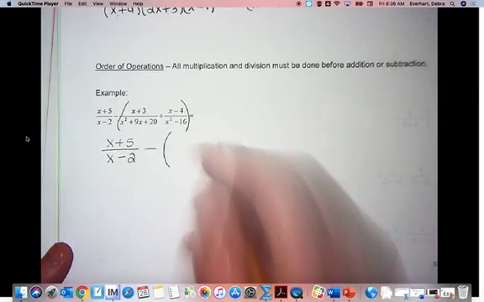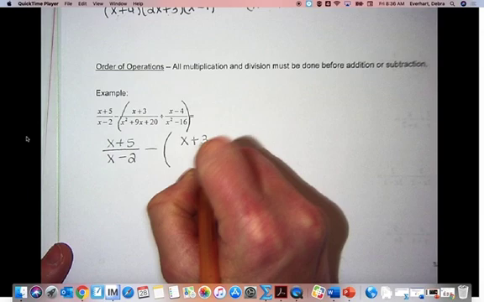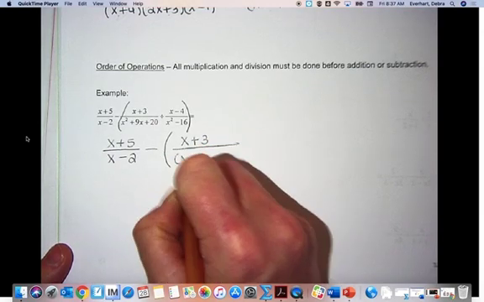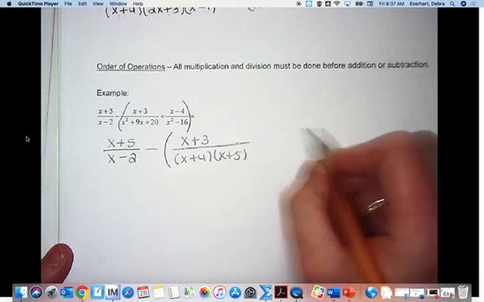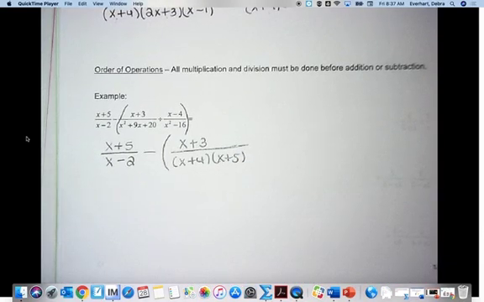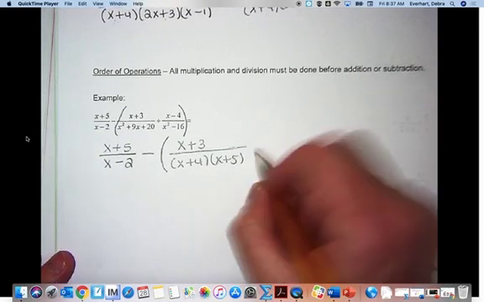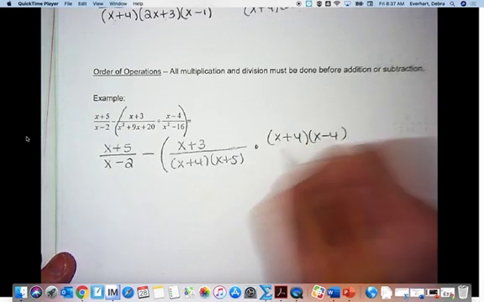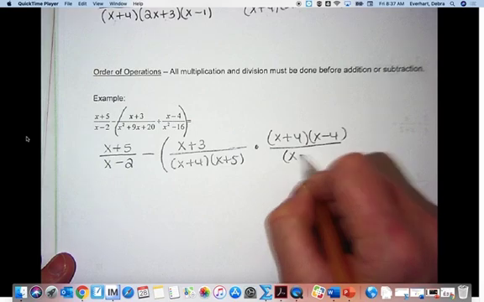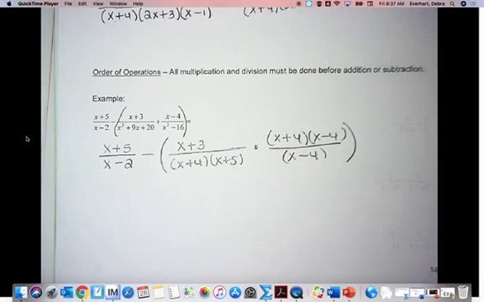So we have some things to factor. Luckily, they're easier than factoring the ones in the last problem. In division, we change to multiplication, and we have to flip or invert that divisor. And before we even think of subtracting, we have to get this all cleaned up, okay?